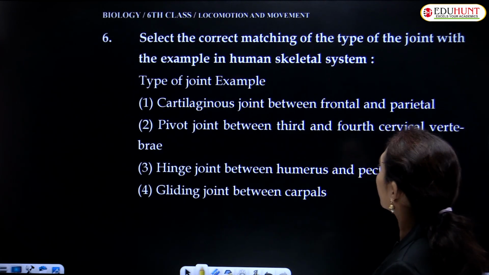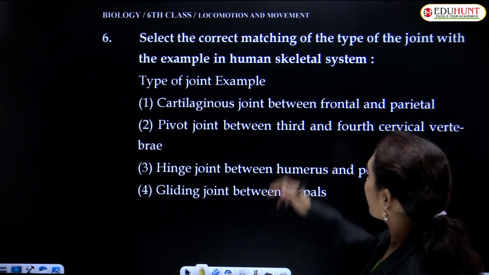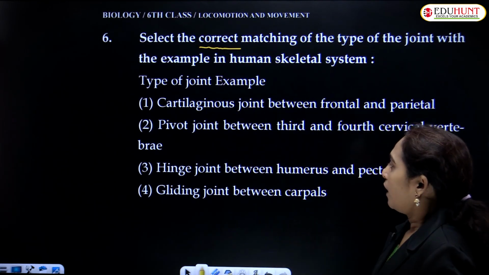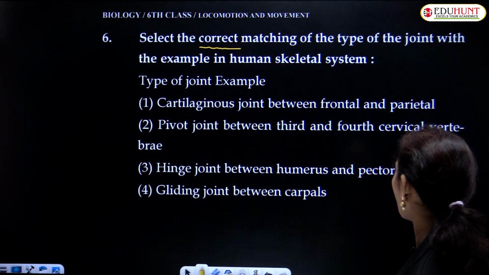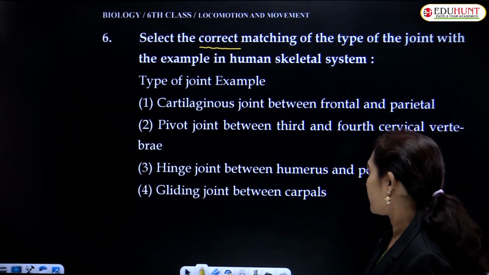Pivot joint between third and fourth cervical vertebrae. Hinge joint between humerus and pectoral girdle. Gliding joint between the carpals. They are asking to mention the correct option.